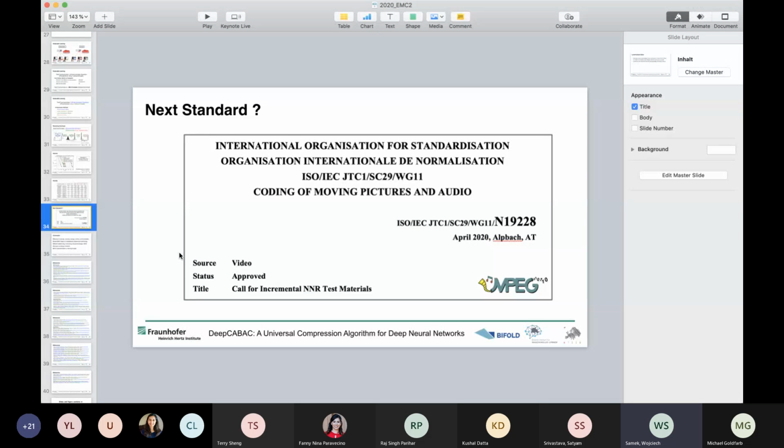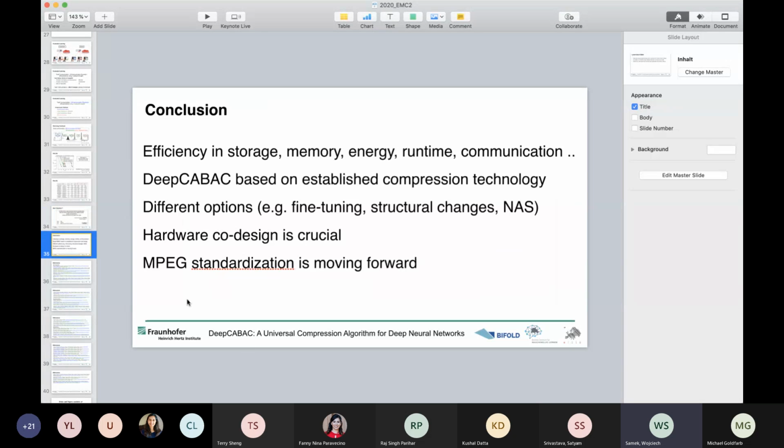And especially in communications, there are many scenarios where these updates matter, and where compression is required. Okay, to summarize, we saw that there are different dimensions of efficiency.